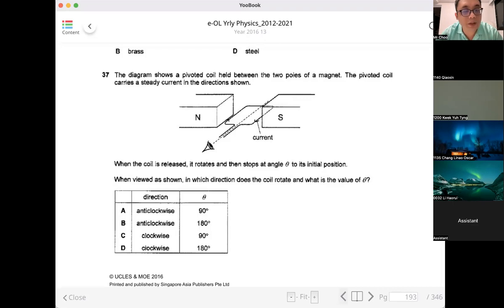What should be the answer for this? I also tried it myself using my left hand. Okay, Oscar, well done. Okay, Chelsea, well done.